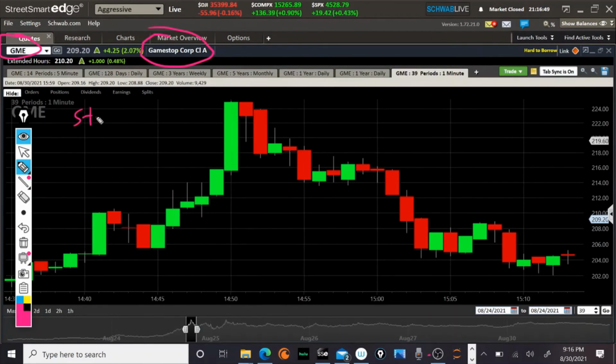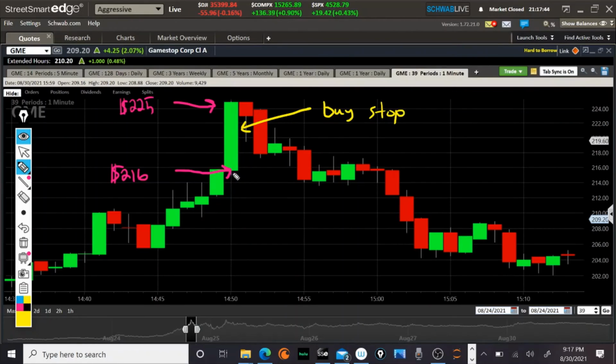And we have GameStop again, another minute chart. Now I'll show you a stop limit risk. So here's another candlestick. It's a minute candlestick. It opened for that minute at $216. And it closed for that minute at around $225. So that's a $9 increase during that minute, which is a lot.